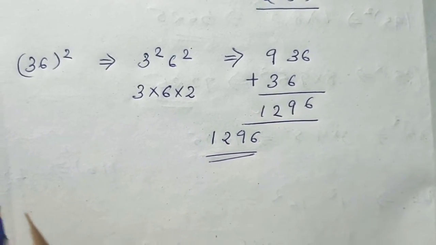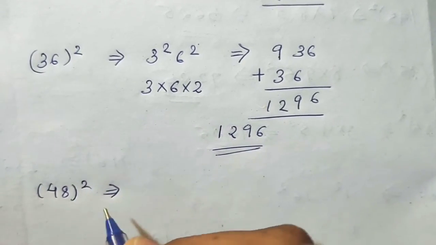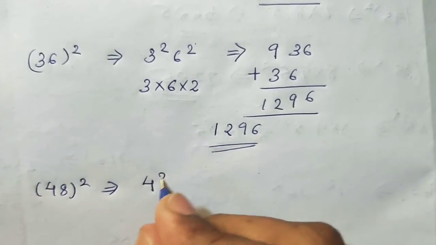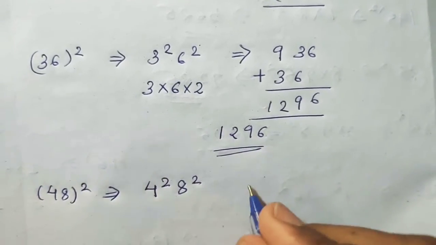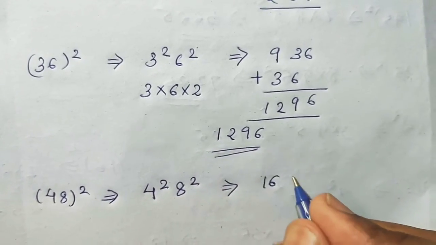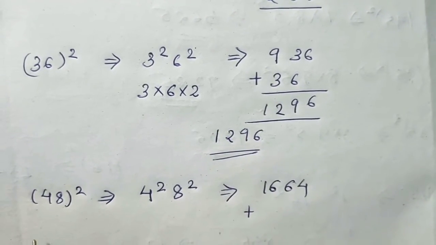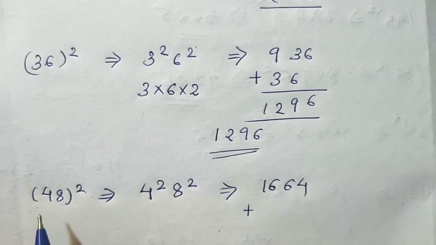Suppose we take another example, that is 48 square. That is 4 square, then 8 square. 4 square is 16 and 8 square is 64. Then we have to do the addition. For that we have to multiply each digit.